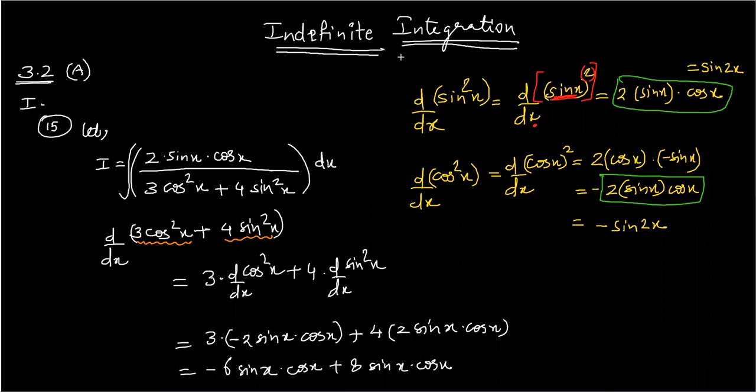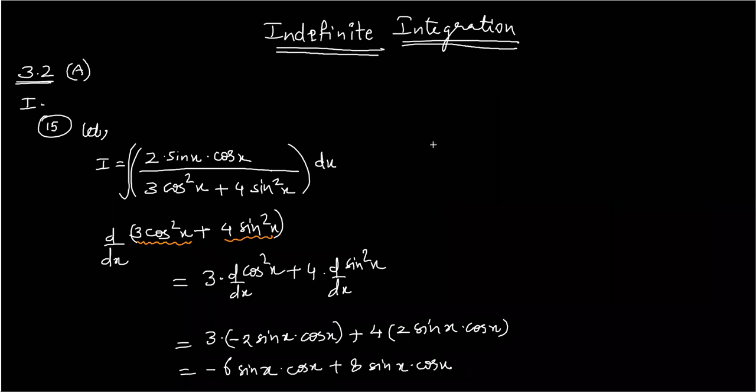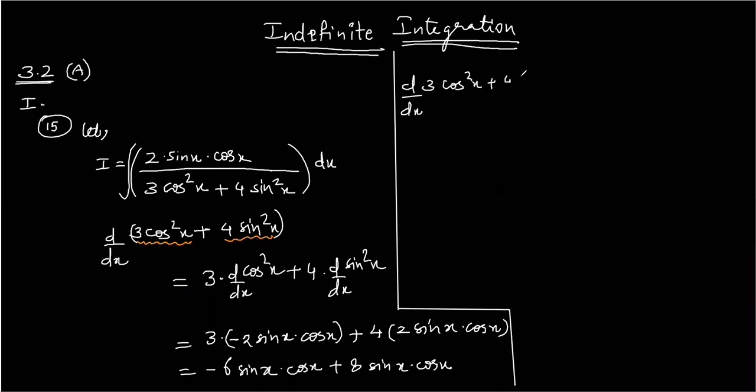So we get therefore d by dx of 3 cos square x plus 4 sin square x is equal to 2 sin x cos x.